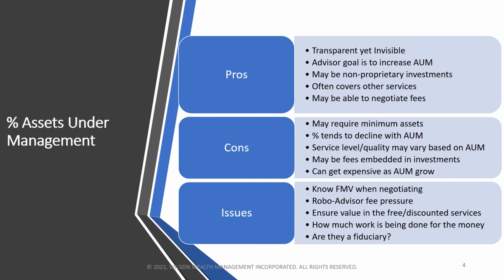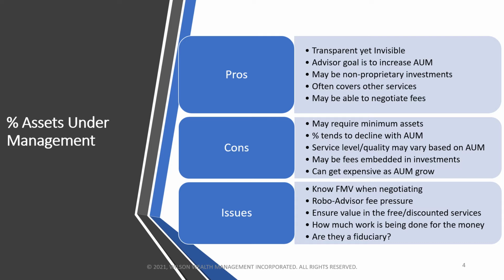And if I look at some of the statistics, for example, advisor headquarters in 2020, the average percent AUM, and this would be US data, if you brought 100,000 to the table, you're paying 1.12%, which is $1,100 a year.